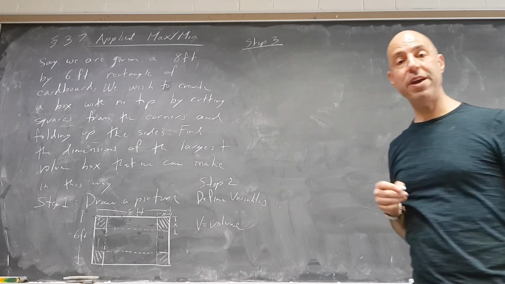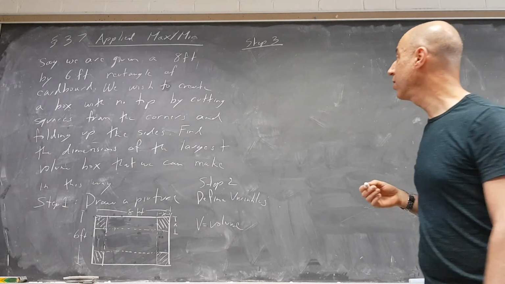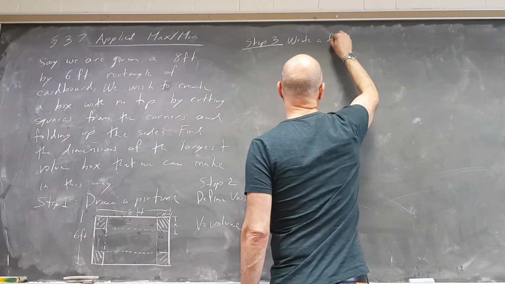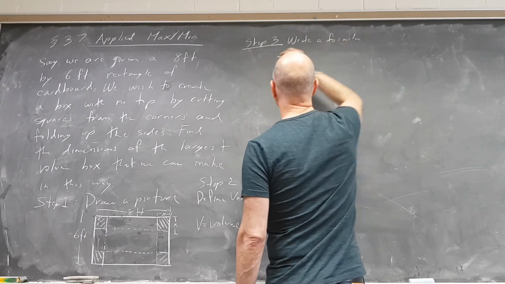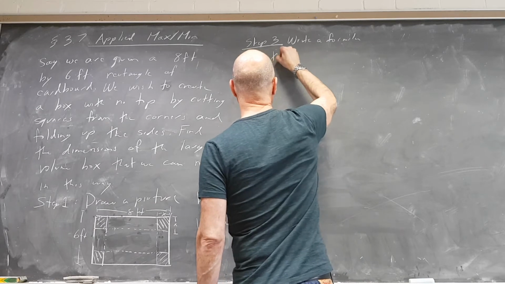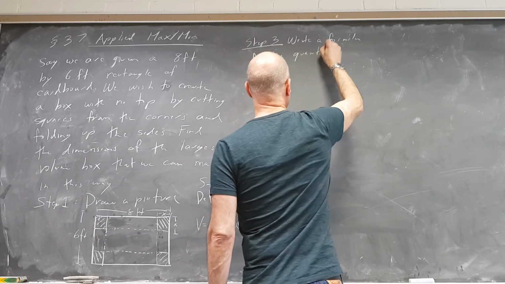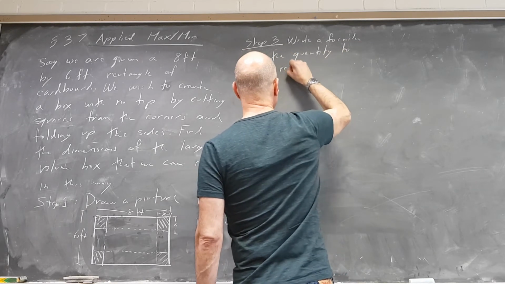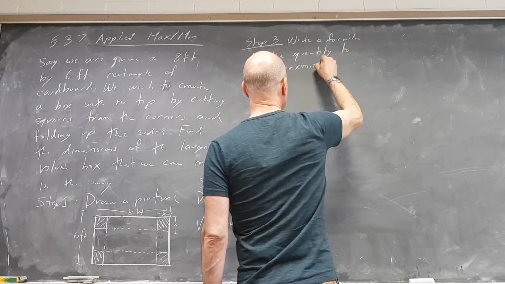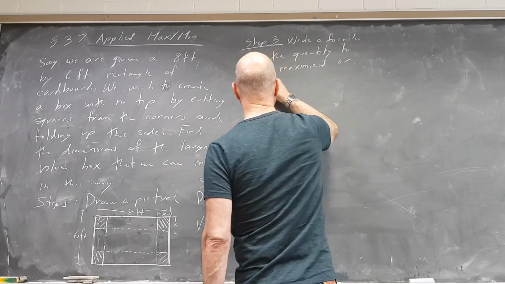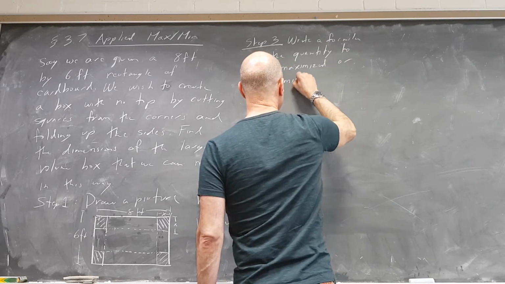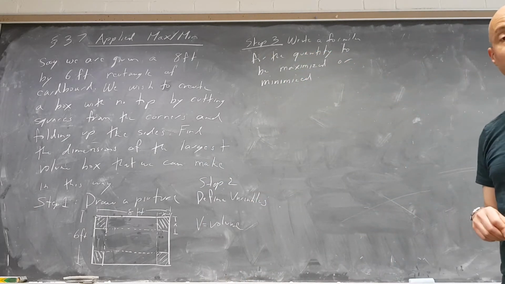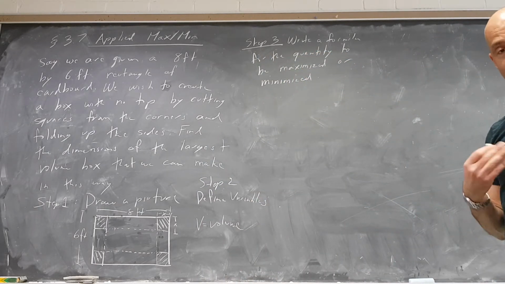Write a formula for the thing you're trying to maximize or minimize. So write a formula for the thing you're trying to make as big as possible or as small as possible.